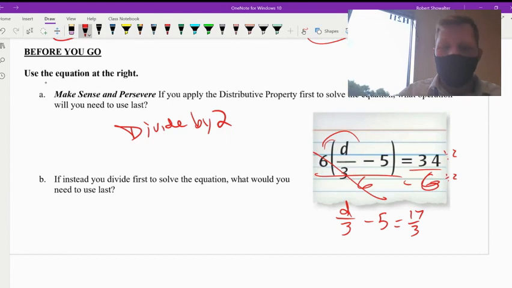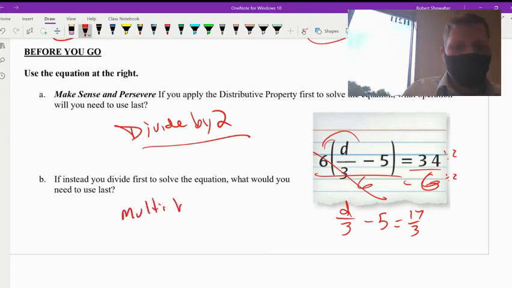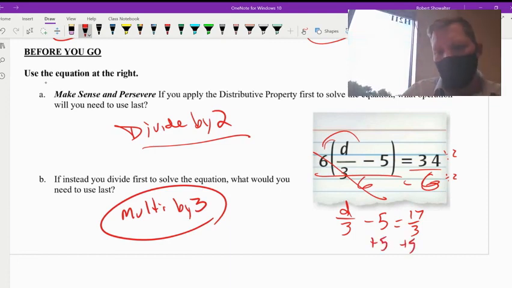And then we would keep going, add. So our last step, if we were to distribute first, would be divide by 2. Our last step, if we were to divide by 6 first, would be multiply by 3. Because we would add 5, and then multiply by 3 to get rid of it.